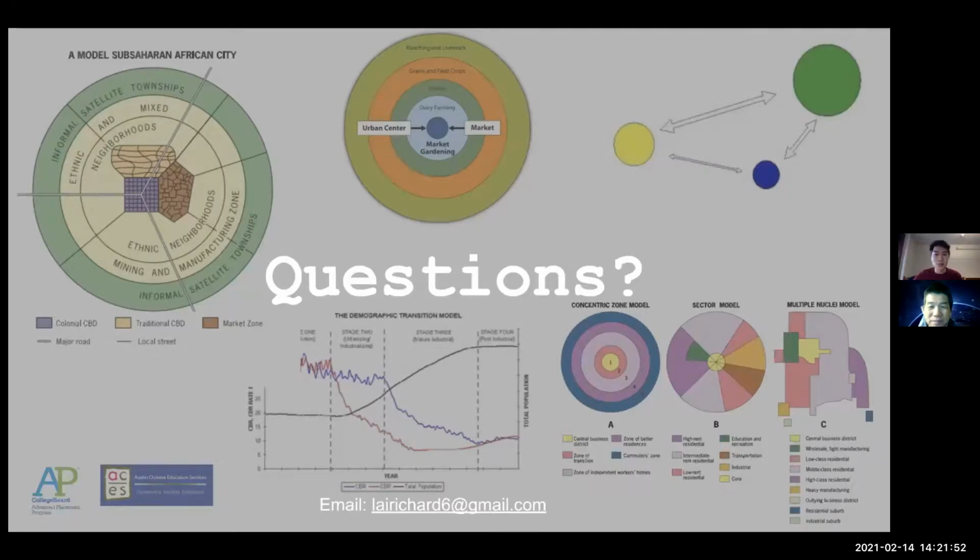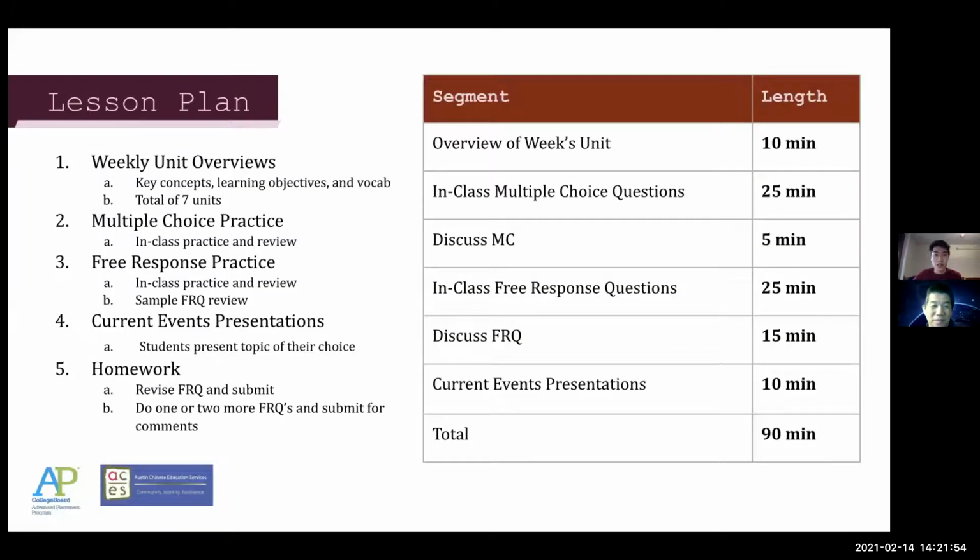Yeah, so that's actually one of the unique parts of the AP Human Geography exam: the free response questions are not your typical essay questions. They're more so just looking for concise answers. So if you write an entire essay that doesn't really answer the question well, but it's really well written, you won't score as well as another student who wrote maybe one or two sentences that directly address the sub-point question in the free response.